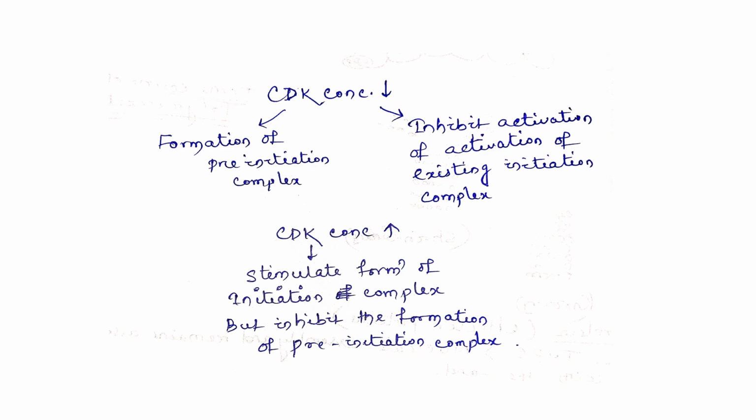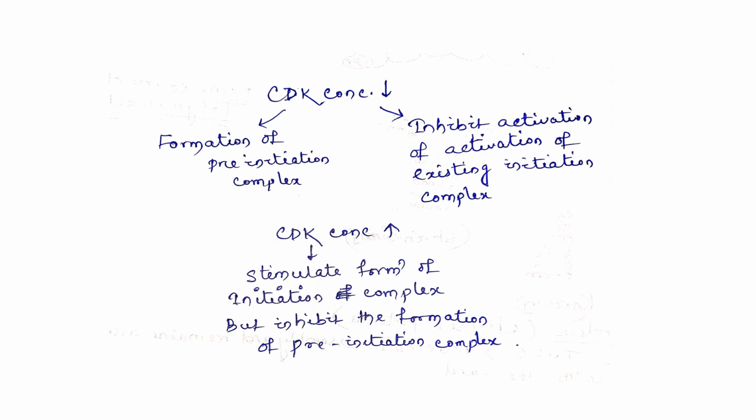But when the CDK concentration is increased, it stimulates the formation of the initiation complex from the pre-initiation complex, but it inhibits the formation of new pre-initiation complex. When CDK concentration is low, new pre-initiation complex will be formed.